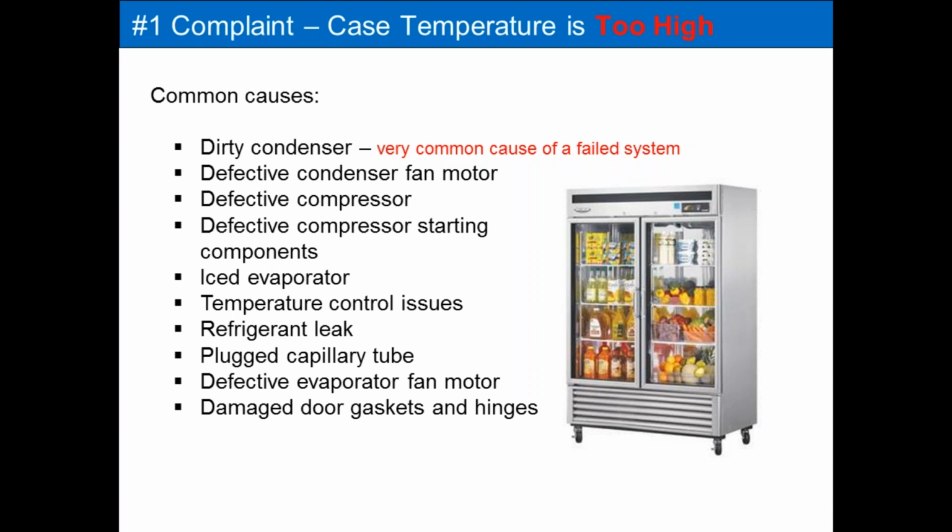Opposite, opposing problems, but they look similar at times when you're troubleshooting. So we're going to focus in later on tonight on plugged cap tubes versus loss of refrigerant. Then we'll talk about evaporator fan motor failures and door hinges, door gaskets, the hardware side of things that could also cause some problems.